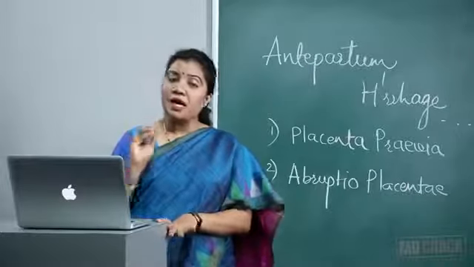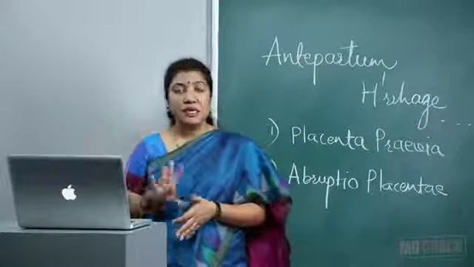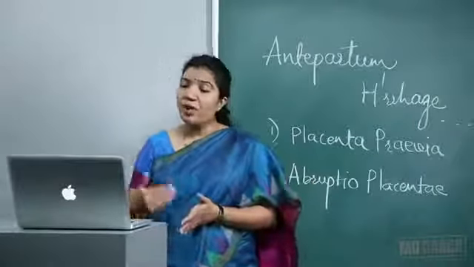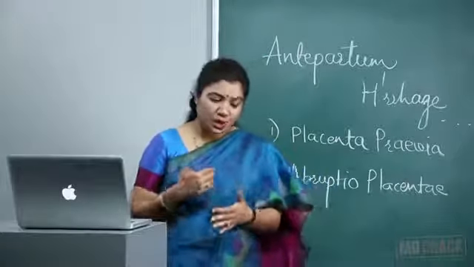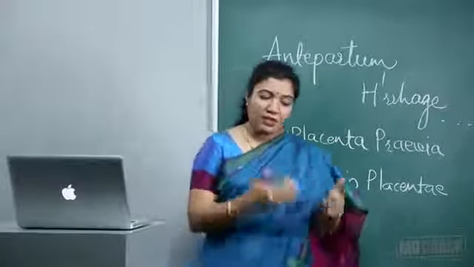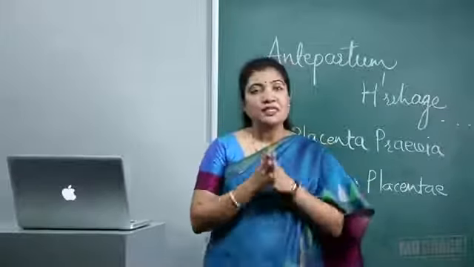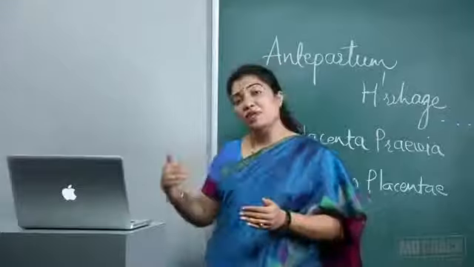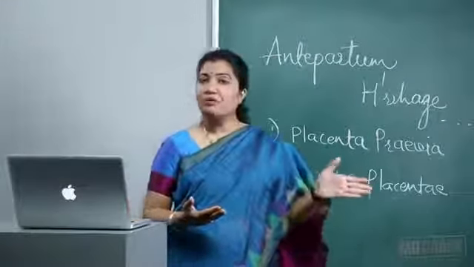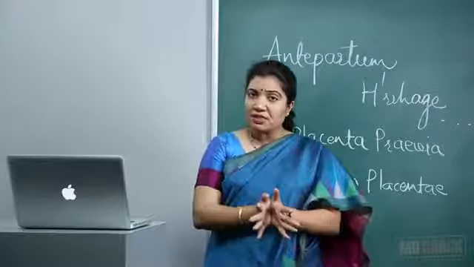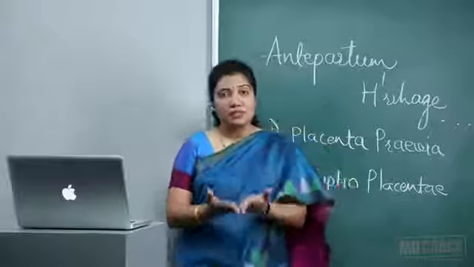If the patient has IUD in abruption, it directly falls in grade 3, and you may have associated anuria or coagulation defect, because you need to understand that if the fetus has died, that means more than half of the placenta is being separated, and that is why the fetal blood supply got hampered, and that led to the fetal death. So the retroplacental clot should be on and around more than 500 cc's.